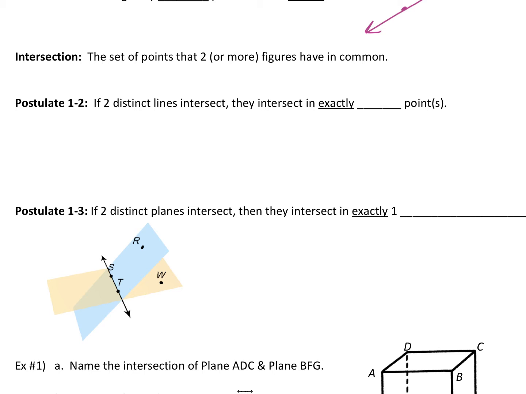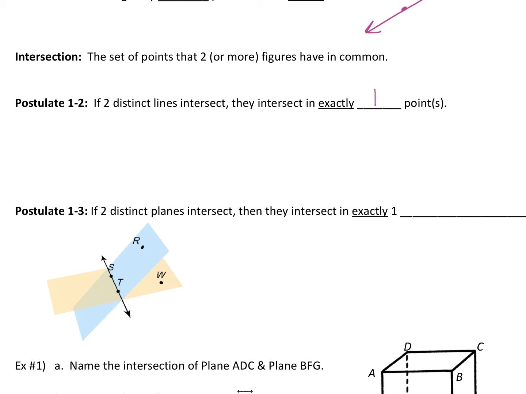This one says if 2 distinct lines, so 2 different lines, can't be the same line, intersect, they will intersect in exactly how many points? If 2 different lines intersect. Exactly one point. I know what you're thinking, 4, because you're thinking 4 ways in the intersection, right? 4 sides. But here's the thing.